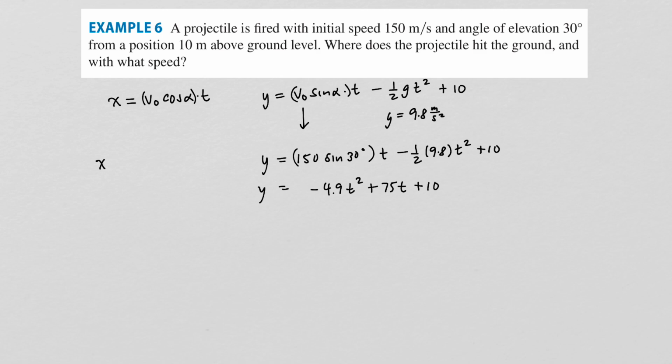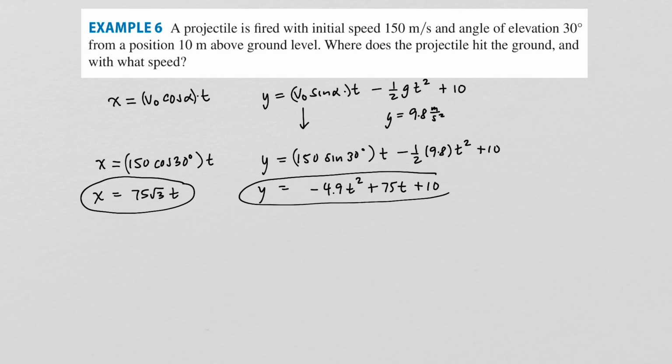Now the x distance traveled is going to be 150 cosine of 30 degrees times t, and that will be 150 times radical 3 over 2, or 75 radical 3 times t. So these are the parametric equations that describe the position of your particle.